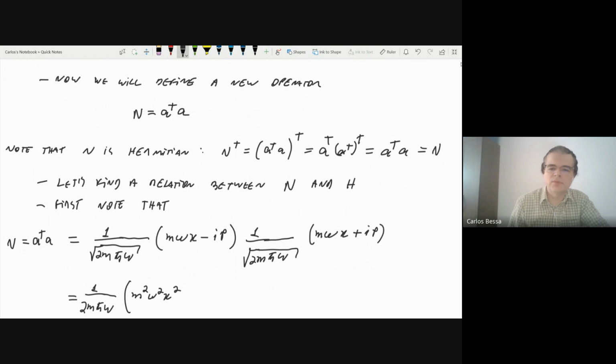This term times this, and this times this, I can write in terms of the commutation relation of x and p, in this way. This is the middle term, the term that has px and this other xp. And in the end, p squared. That's this last term.